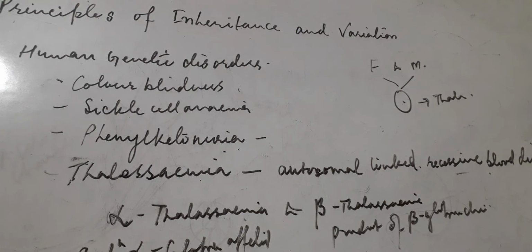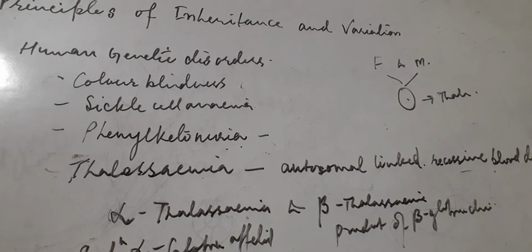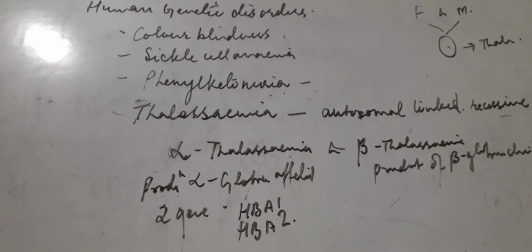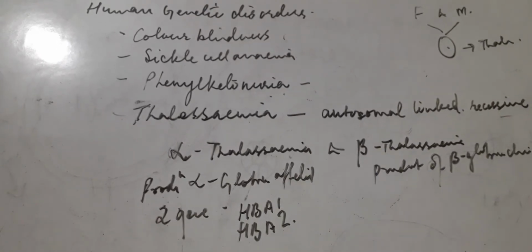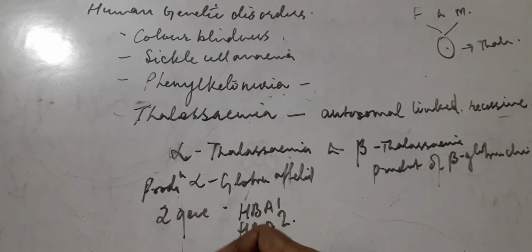Alpha thalassemia is related with two genes, which are called HBA1 and HBA2, on chromosome 16.